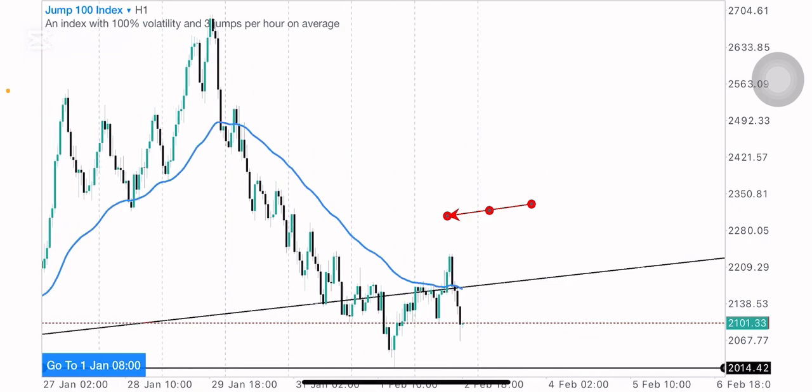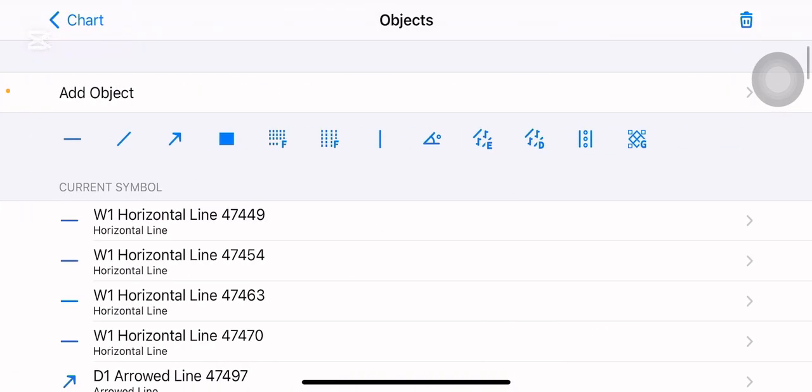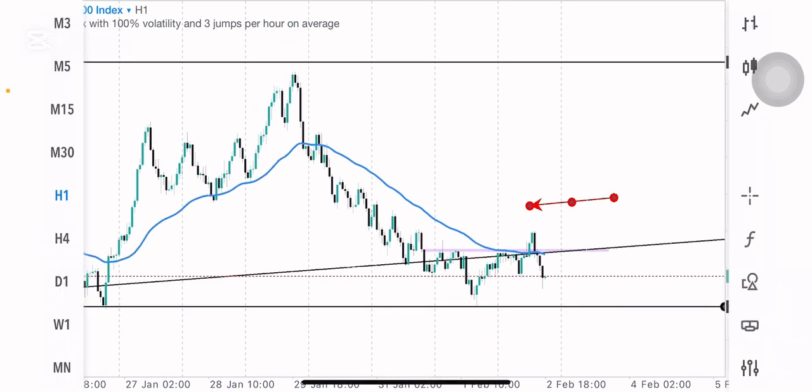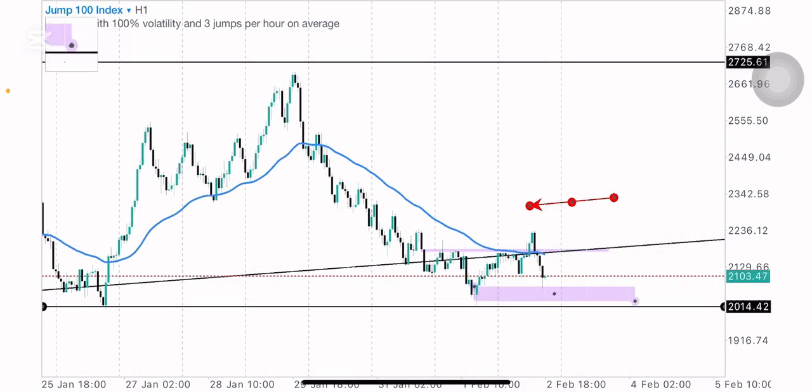Okay, this is H1. So price has already broken here. All right, price has broken it already. So I would like to find a buy from this area.